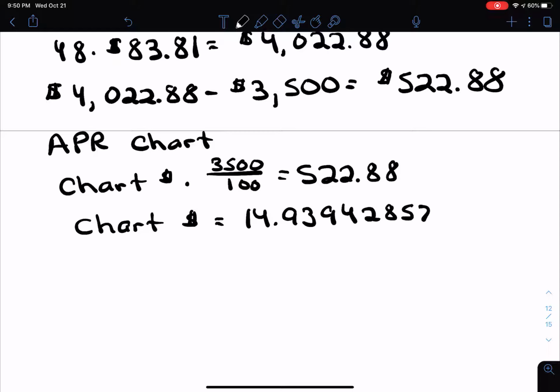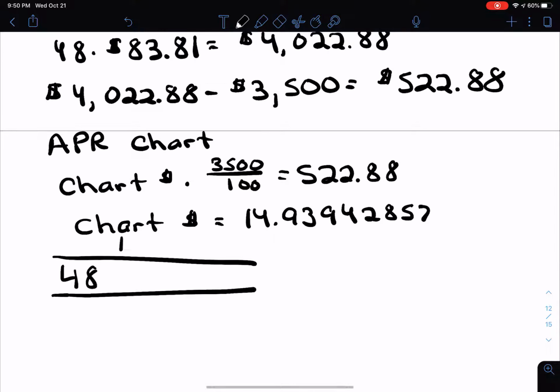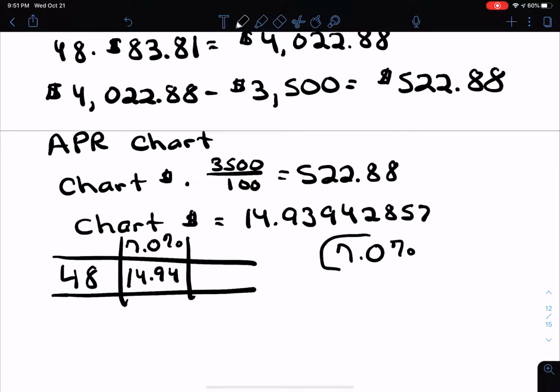If you go back to that APR chart, we're looking at 48 months. Originally, it was 48 months of payments. And we're trying to find as close as possible to $14.94 on that row. And actually I see 14.94, and then directly up, that is the 7.0% column. So the original APR for this loan was 7.0%.